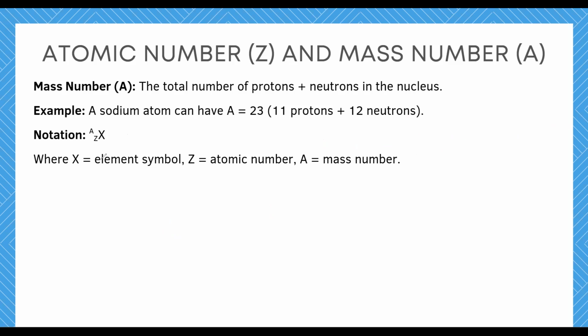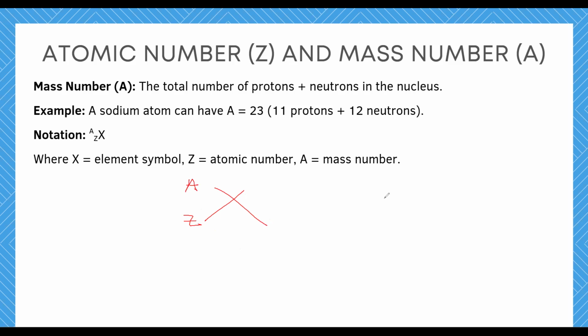Now, this is how it goes in chemistry. When we want to represent an element, we use the symbol X. The atomic number is denoted by the symbol Z, written at the bottom left corner, and the mass number is denoted by the symbol A, written at the top left corner.